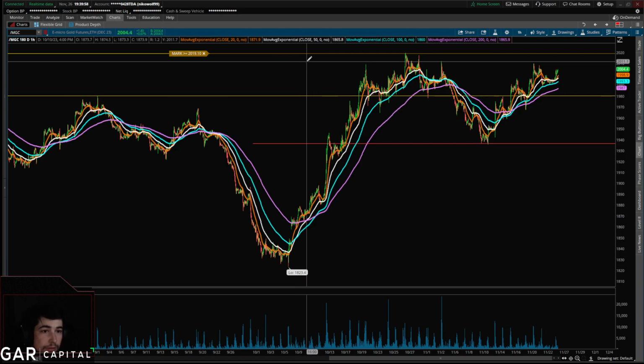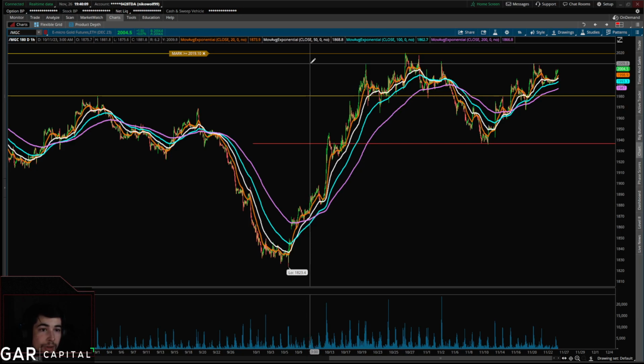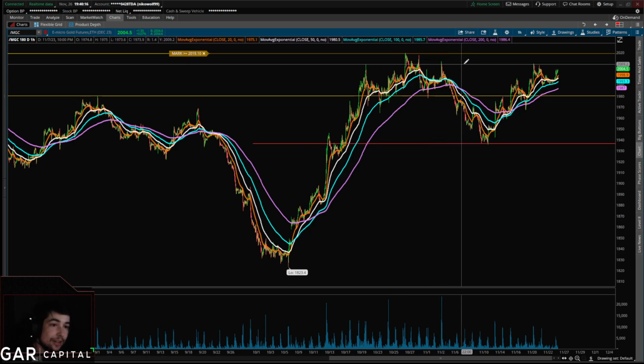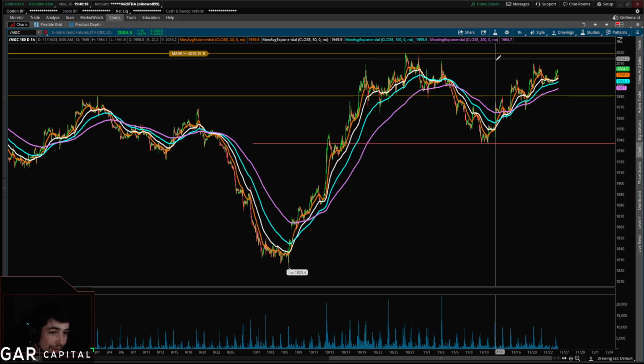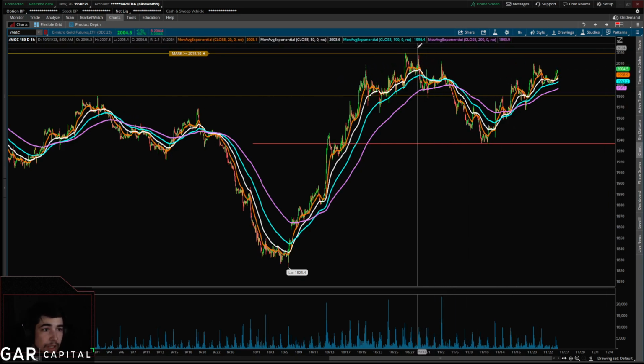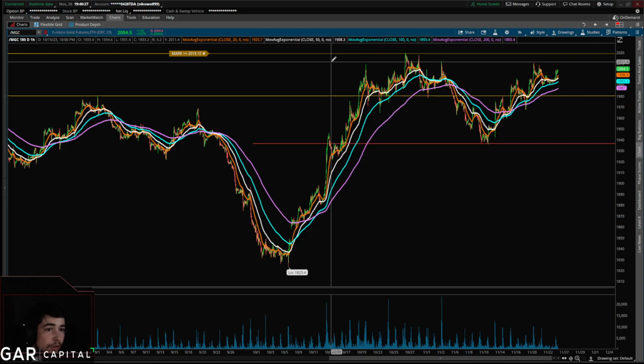Now, I would probably put it at 2010.50, somewhere in between here, because if we dip back below 2019.10, it's not necessarily 100% that we're going to end up coming down to 1980, but the chances are higher. We might just dip down below and come back out of there. But if we end up breaking below, I would say the stop loss at 2010.